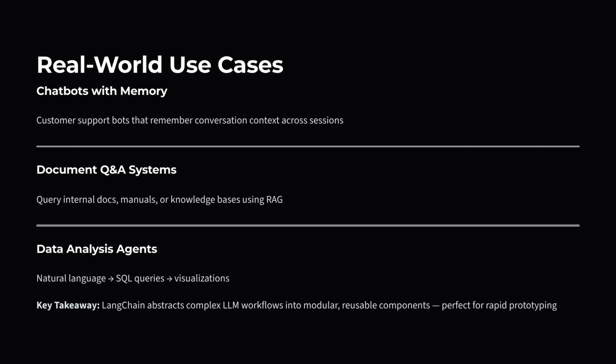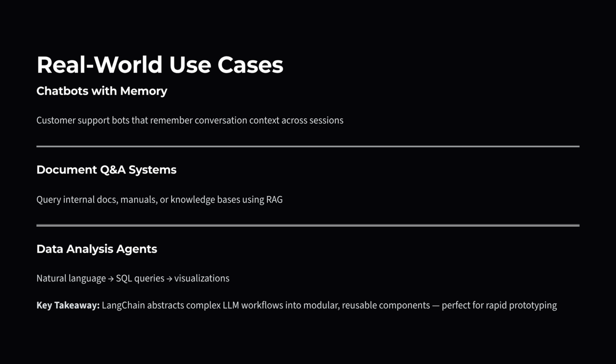This reduces hallucination and boosts trust. Data analysis agents translate natural language into SQL, run the query, and return charts or summaries, which teams at places like Airbnb or Shopify use to speed up decision-making. Companies love LangChain because it shortens iteration cycles and keeps complex AI logic easy to maintain.